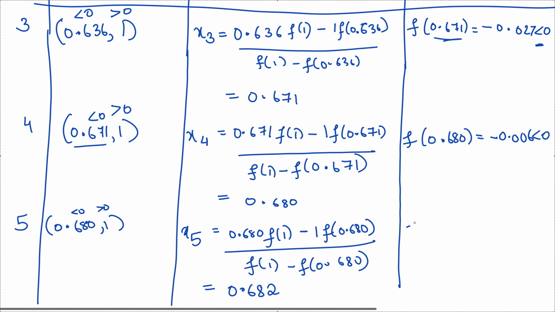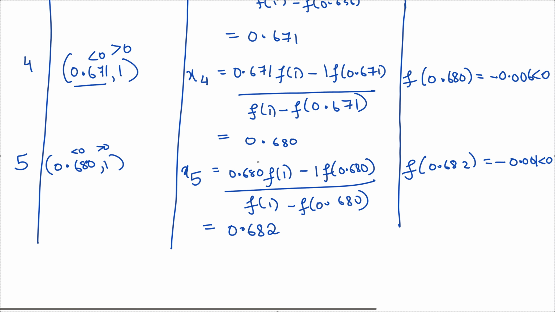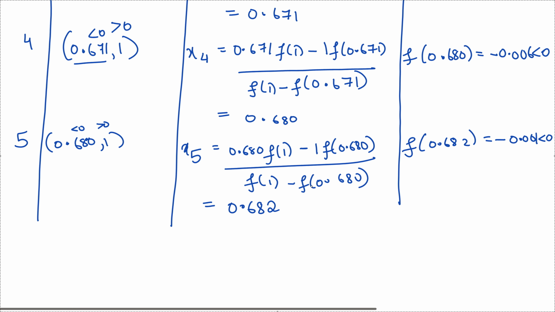which is equal to 0.682. Now f of 0.682 is equal to minus 0.001, which is less than 0. So again, since this is less than 0, in the previous interval what was less than 0, we'll replace that with the new x value. So in the sixth iteration, it's 0.682 comma 1.